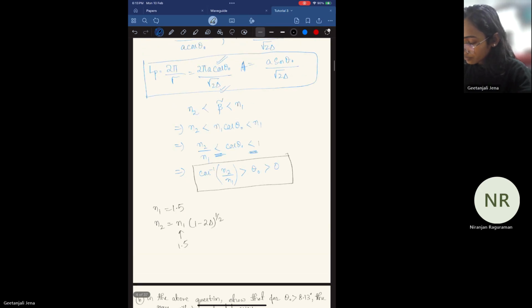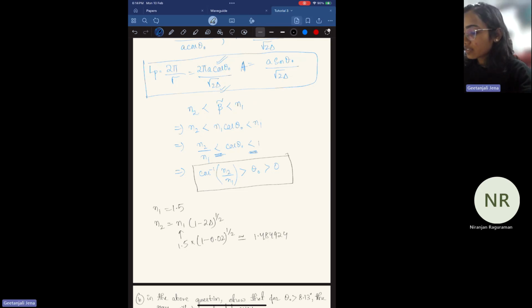So it is 1.5 times (1 minus 0.02) to the power half, and if you calculate it, it comes to approximately 1.484924.